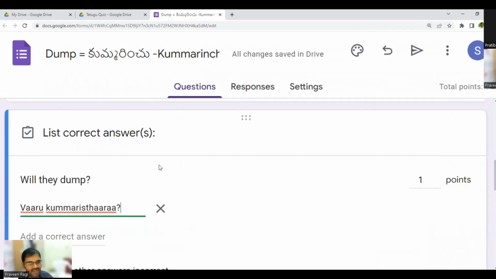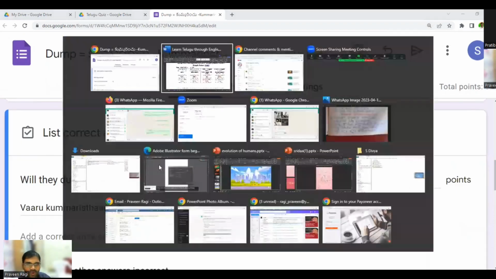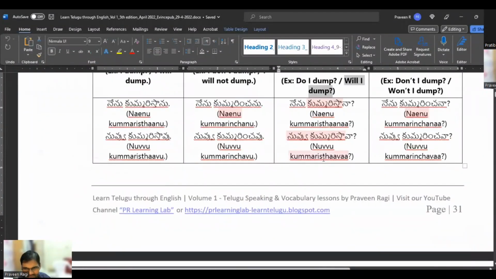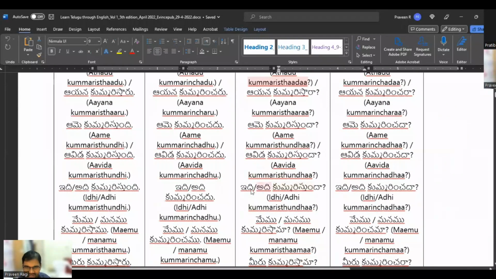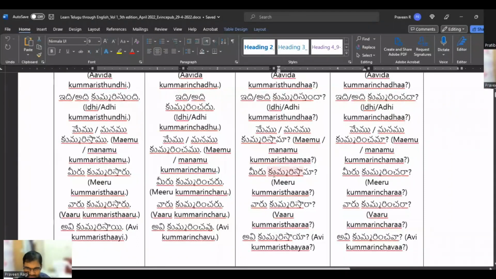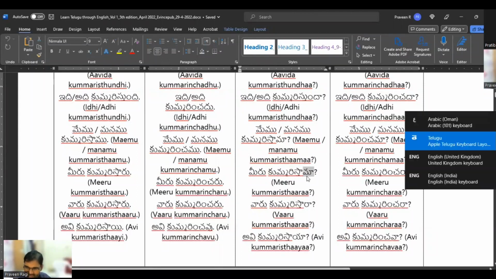When you are practicing, you need to study all these sentences. Meeru kummaristara. Actually, here there is a mistake. I will correct it. This is ra.